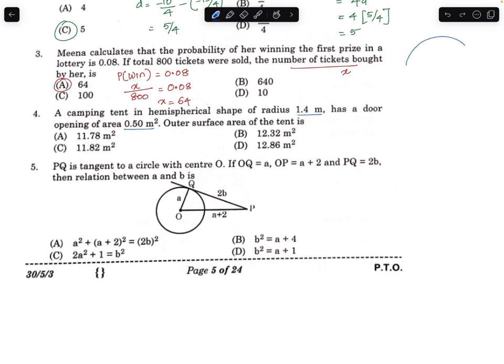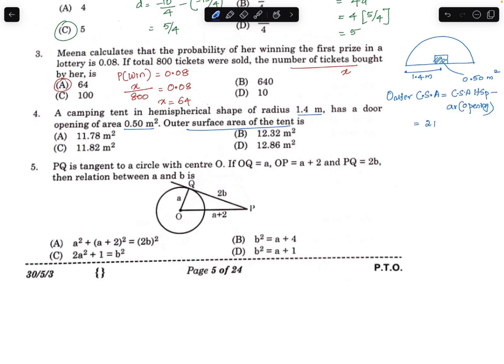Let's draw a rough sketch of the hemispherical tent. It has an opening of area 0.50 meter square and the radius of this tent is 1.4 meter. Outer CSA can be calculated by eliminating the area of the opening from the total CSA.